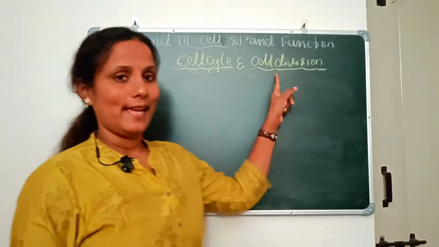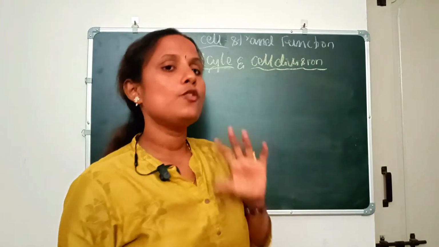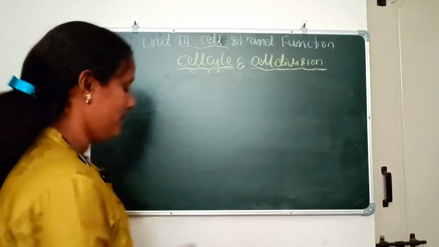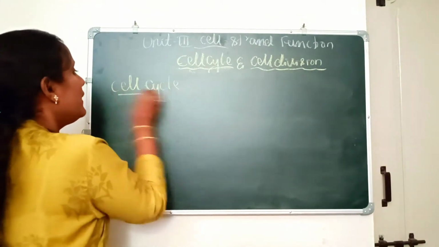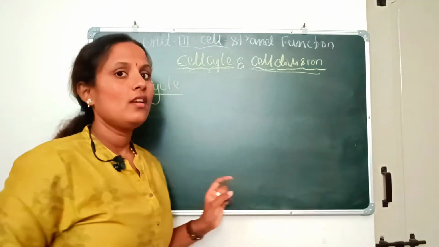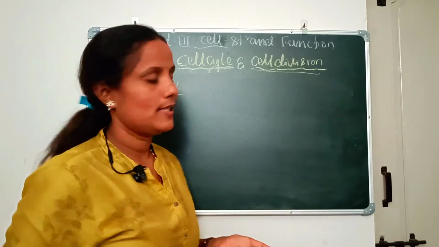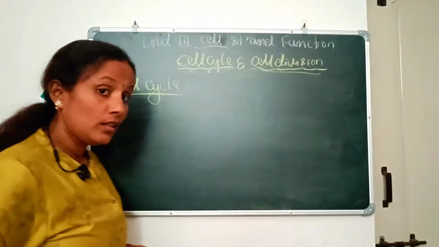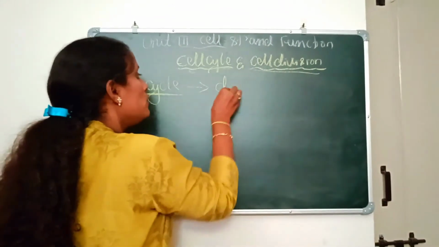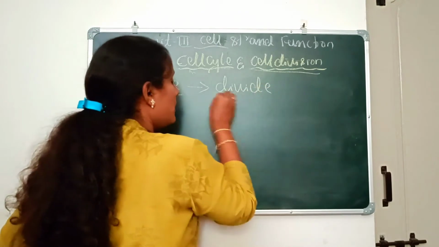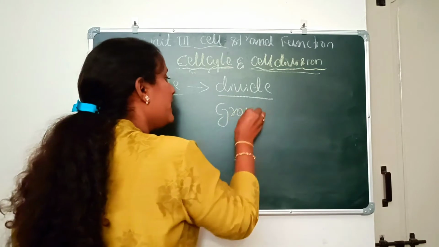In order to understand in detail the process of cell division, firstly we need to understand the cell cycle. Till now we know that during cell division the cell will divide into two daughter cells. Now during cell division, the cell will not only divide but also grow in its size.